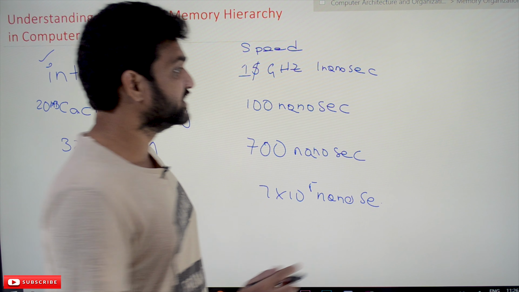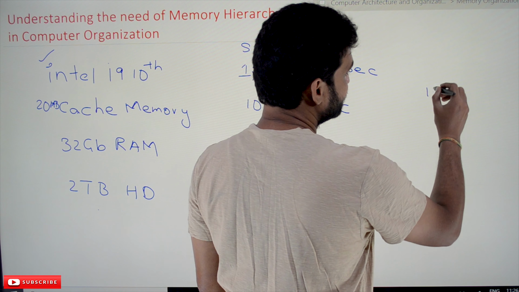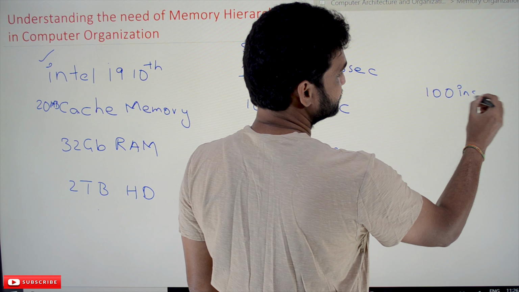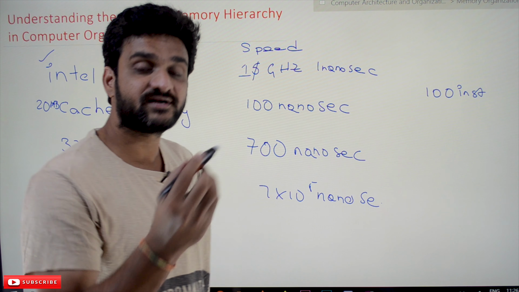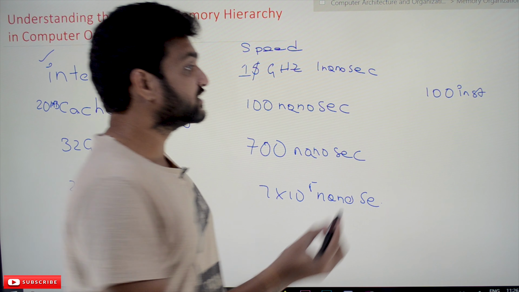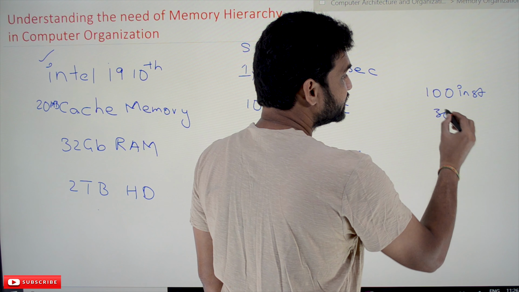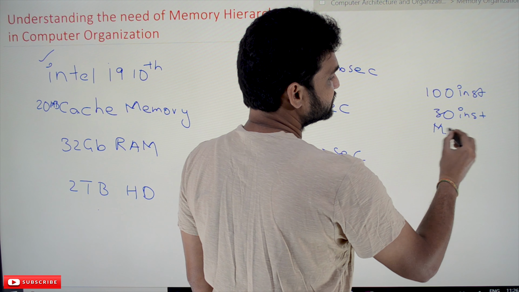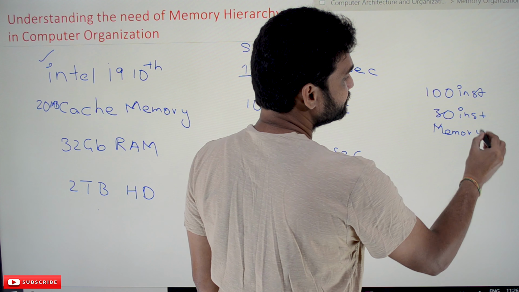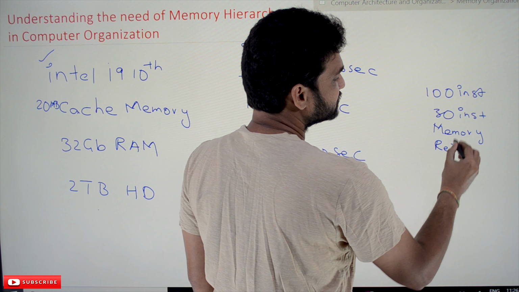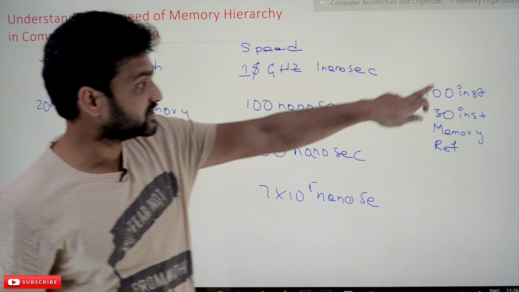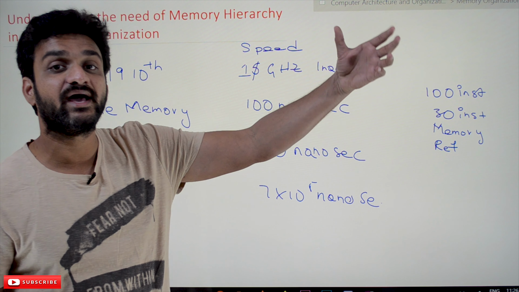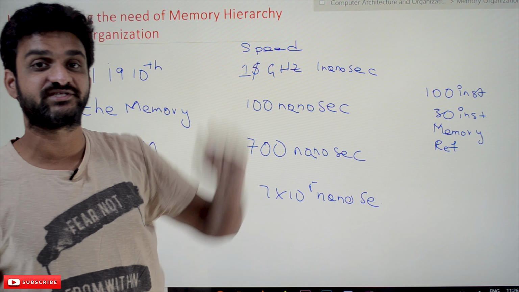So what does that mean? For example, if we have 100 instructions in our program, out of those 100 instructions, 30 instructions will be memory reference instructions. Out of 100 instructions, every program is going to have on an average 30 memory reference instructions.